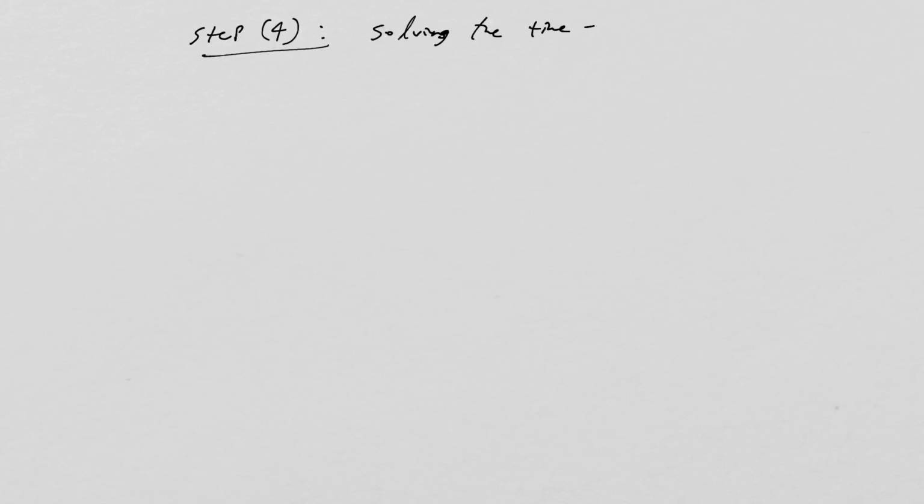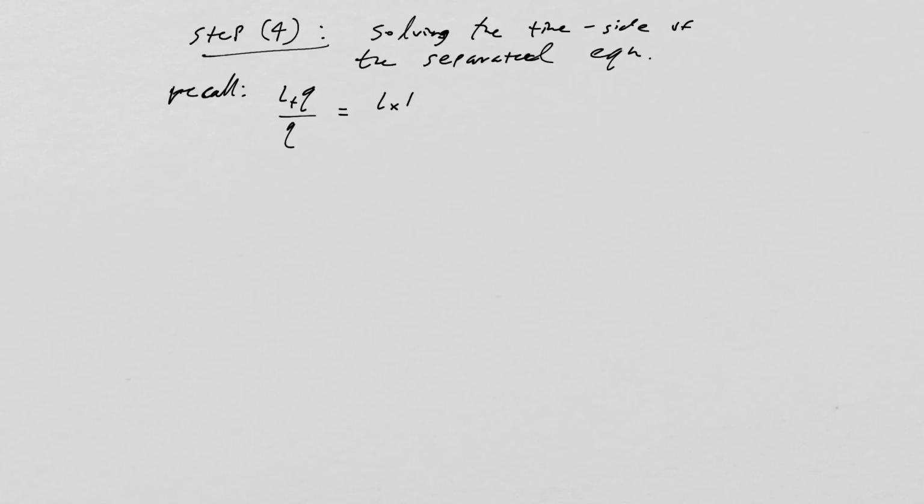the time side of the separated equation. So recall, what we had was Q prime over Q was equal to P double prime over P, and that was equal to lambda.